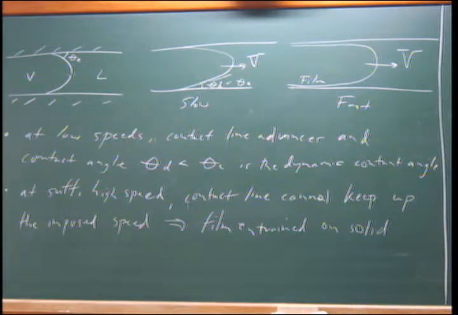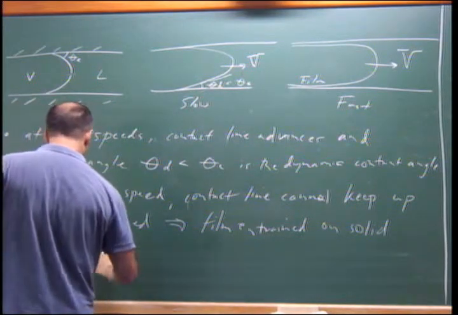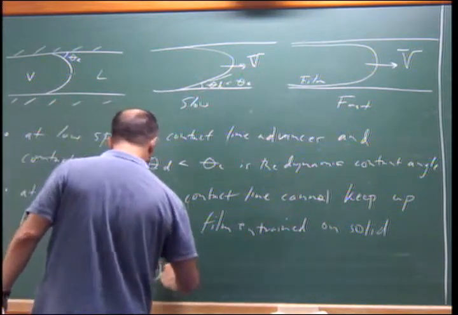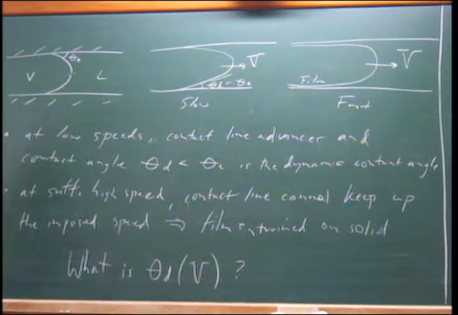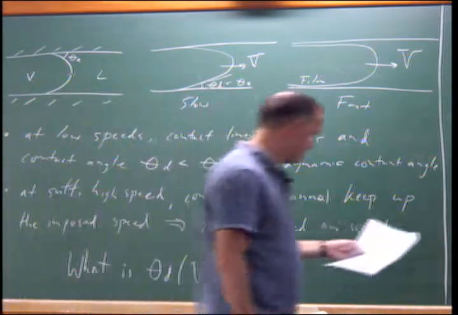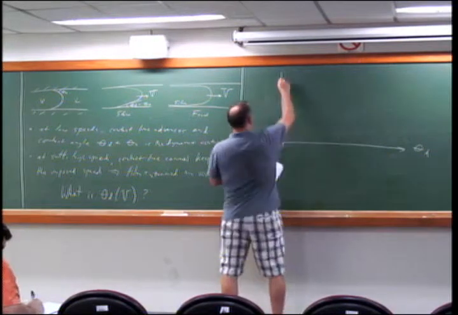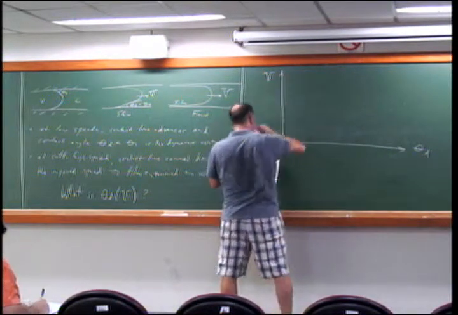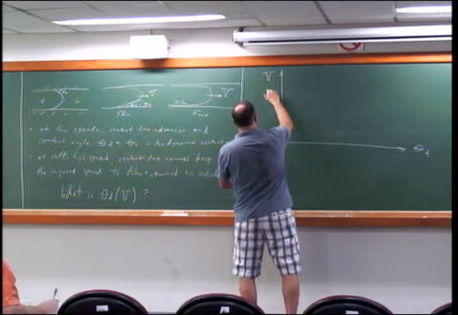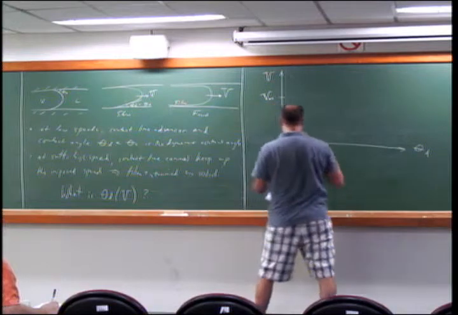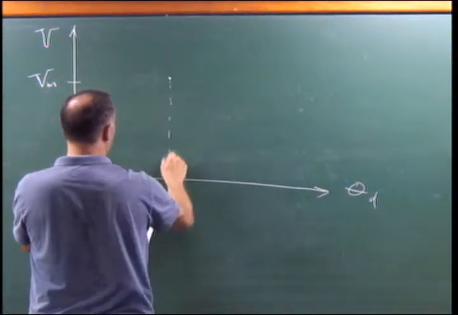So if we look at theta, the dynamic contact angle, as a function of plate speed, there's a maximum speed beyond which you get a film.